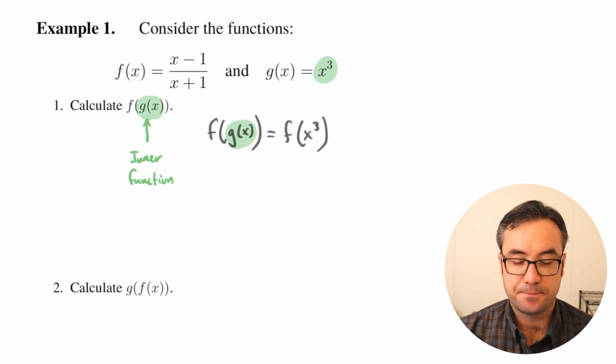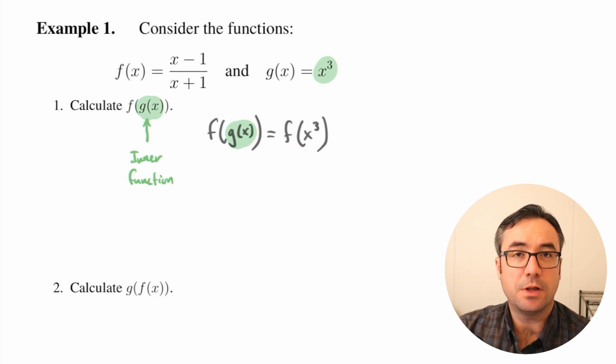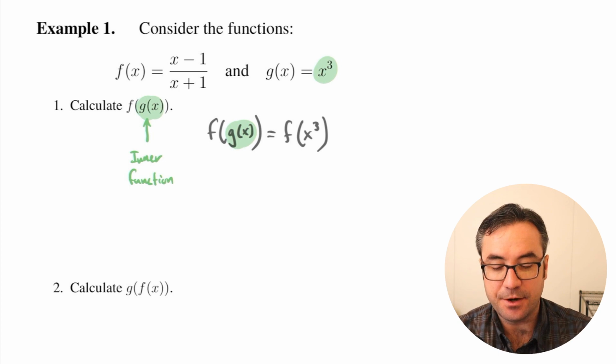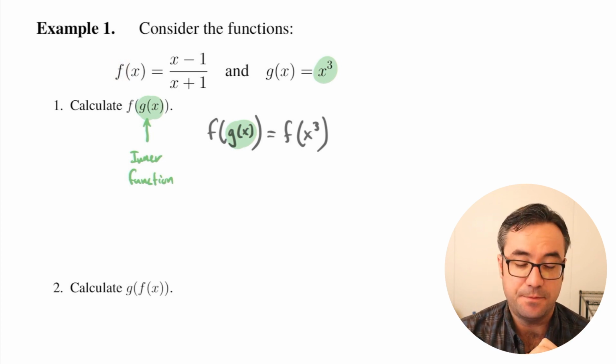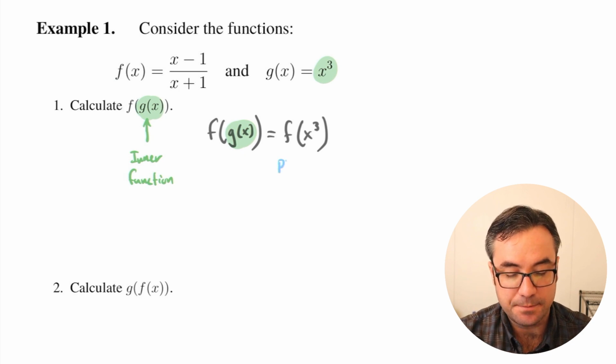So we're just going to essentially evaluate f, and we're going to plug x cubed in wherever I see a variable in my formula for f. So essentially, we're now just going to plug in x cubed instead of the usual x.